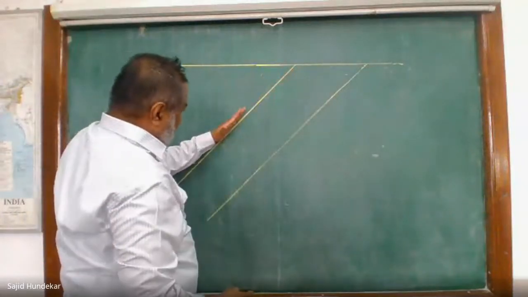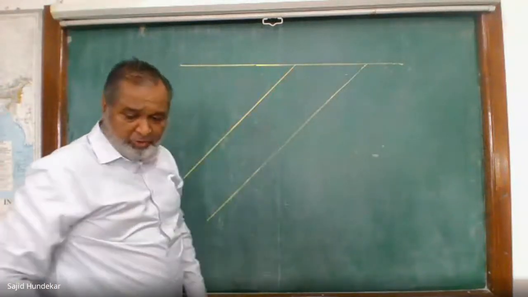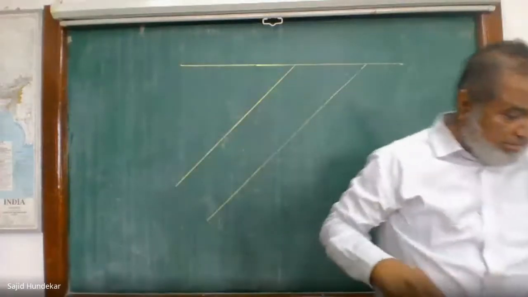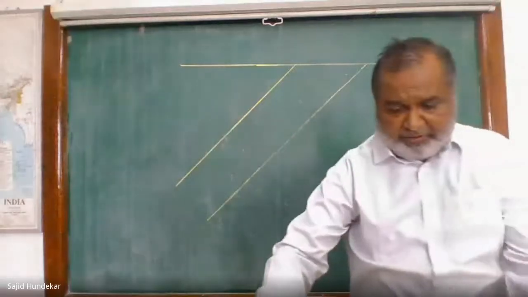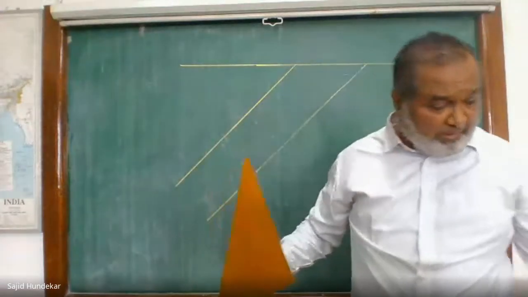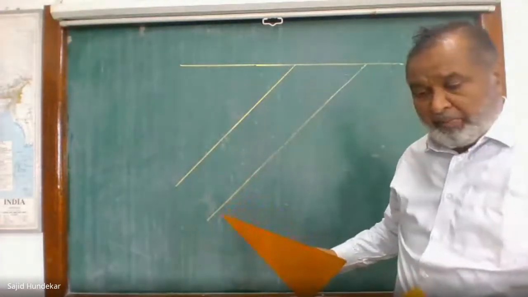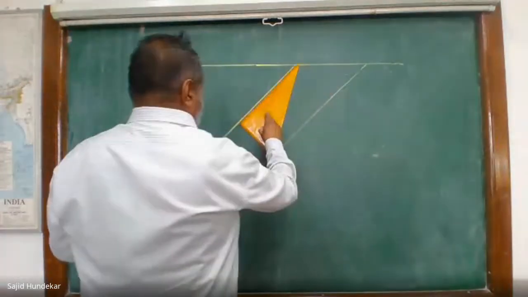Horizontal surface, and this one will be parallel to this thing. If you want to draw the parallel line, I'll show you how to draw the parallel line. You have the protractor and set square.